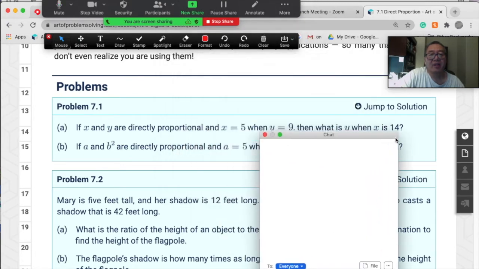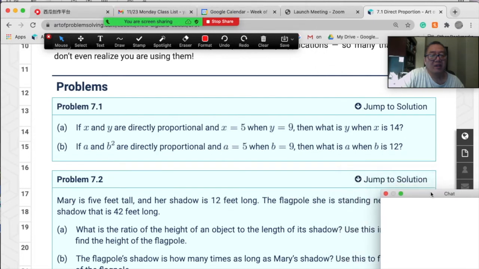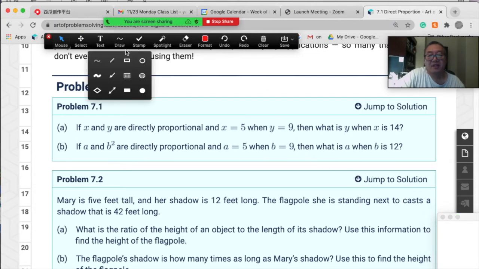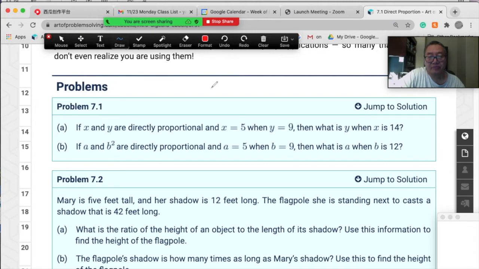Now let me check. Here, when x equals 5, y equals 9. Then x equals 14, they ask you what is y. They call this the direct proportion.